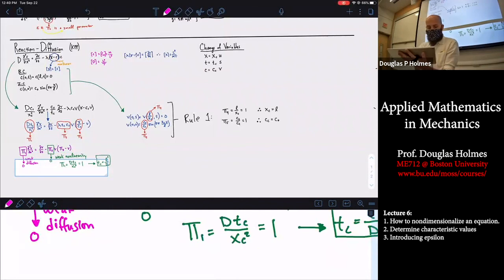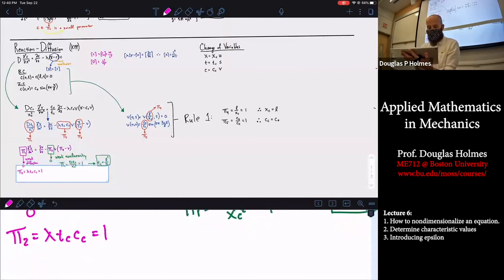In this case, I'm setting pi 2, which is lambda TC CC, equal to 1, and therefore my characteristic time scale here now becomes 1 over C naught lambda.